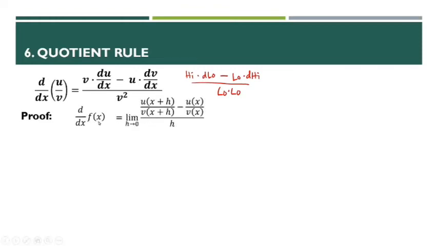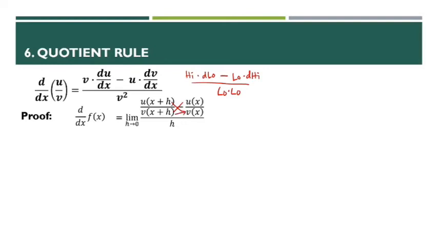So, as a proof, following the differentiation rule, so substitute na natin yung functions. The derivative of the function f of x is equal to, ang input ay x plus h, so u over v of x plus h minus u over v of x, so all over h. So cross multiply natin and get the LCD.